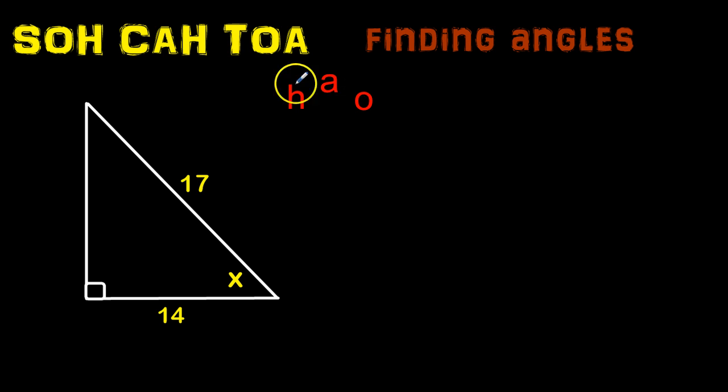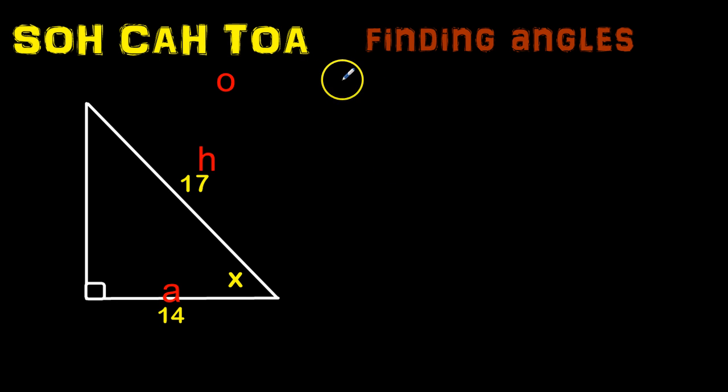Last one. In this problem we have, let's see, we do have the hypotenuse and we have the adjacent, which means A and H, we use our cosine. So let's go ahead and set up the cosine value.